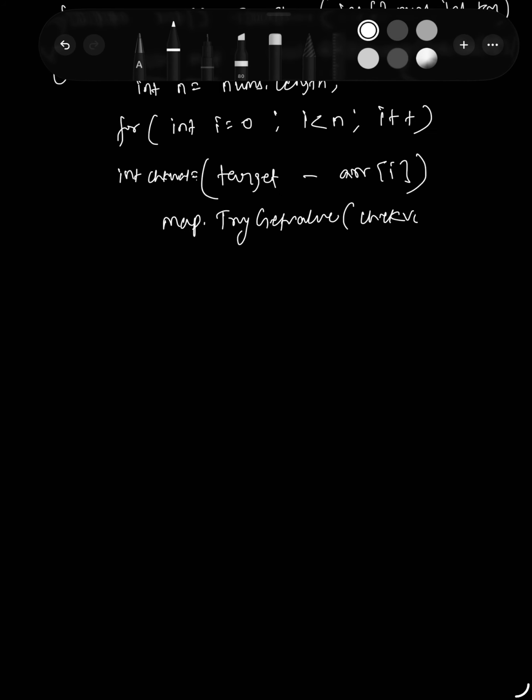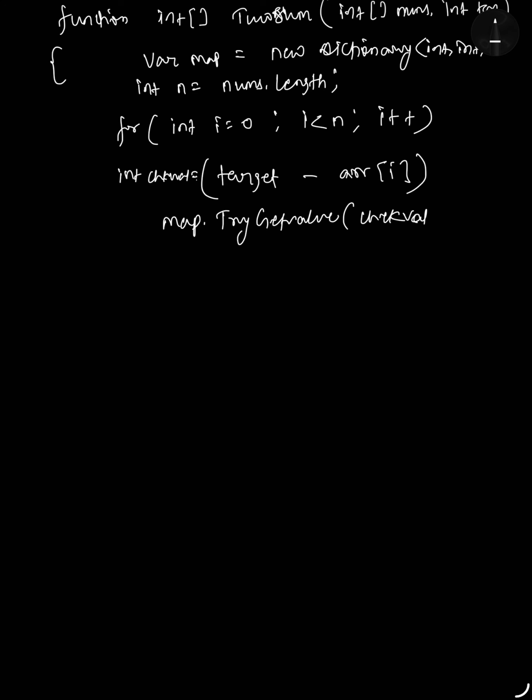So we are going to get the index out as a value, and if idx is not null, then we can return an integer array of size 2, which will have my current idx and i.